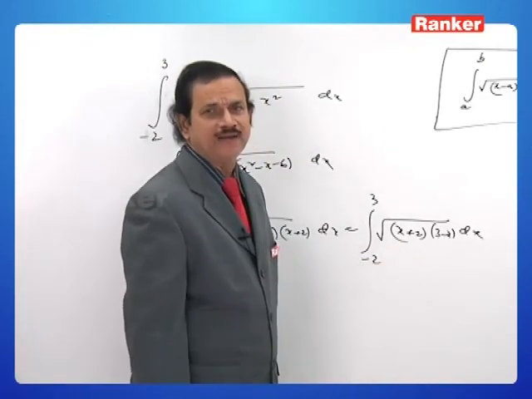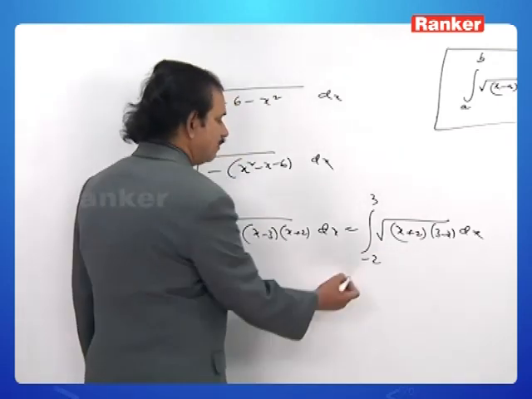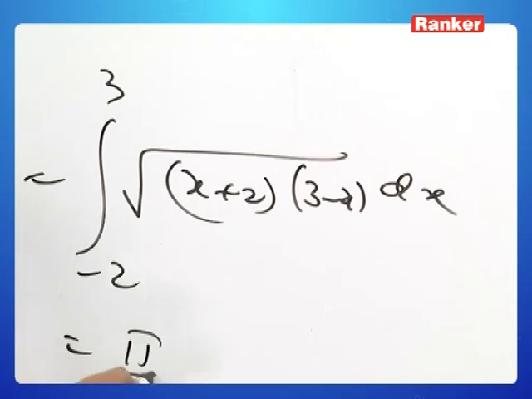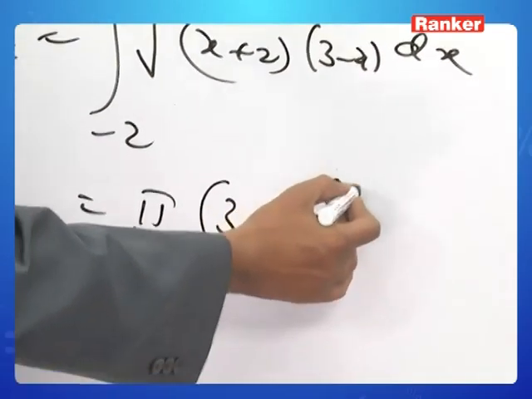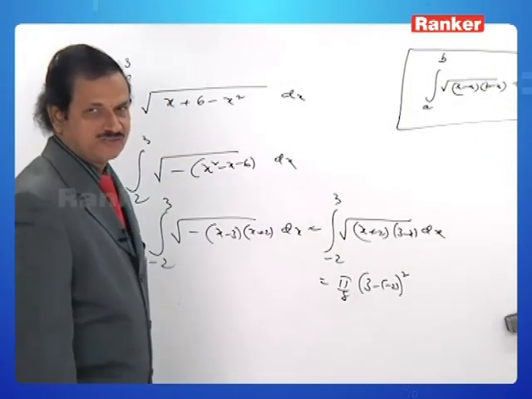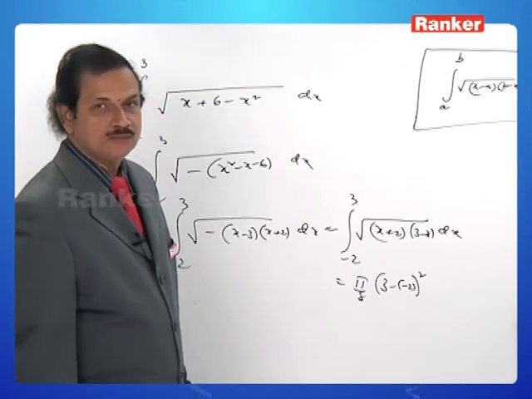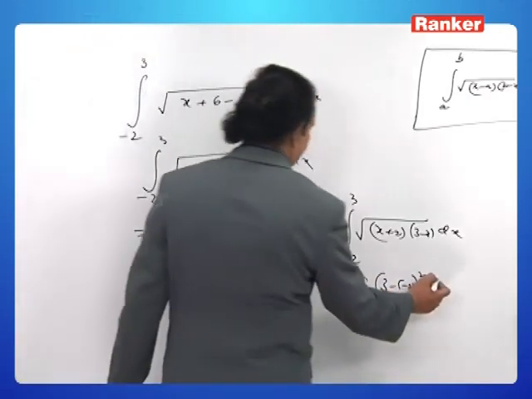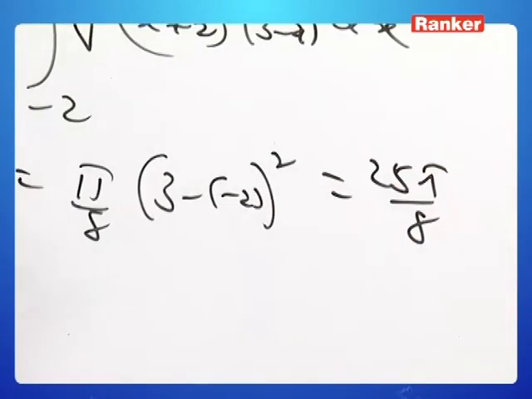It has acquired. Therefore, we will be making use of the formula. What is the formula? This is nothing but pi by 8 into b minus a whole square, isn't it? What is 3 minus of minus 2? 3 plus 2, 5. 5 square is 25. Hence, the answer is 25 pi by 8.